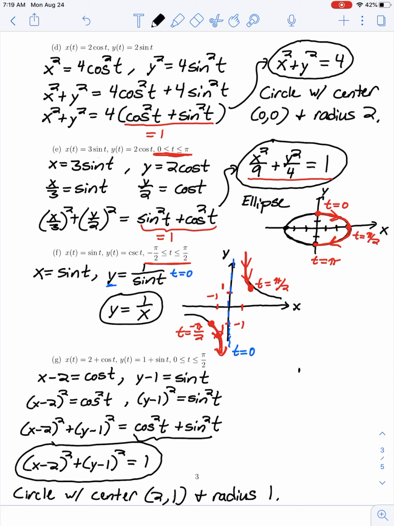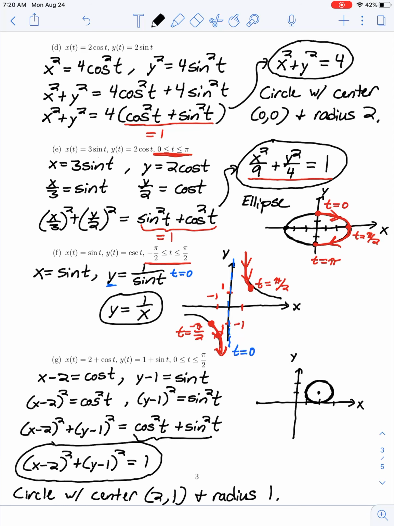So let's think about sketching our curve here. So we have in the xy plane a circle centered at 2, 1 of radius 1. So something like this.